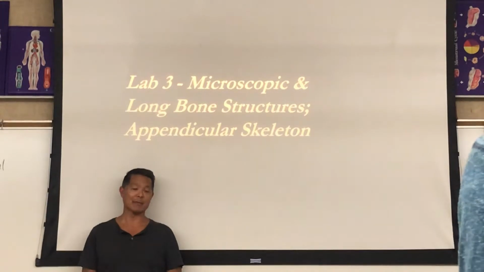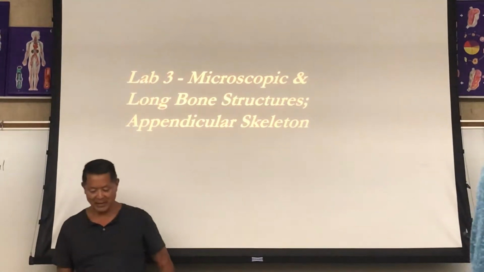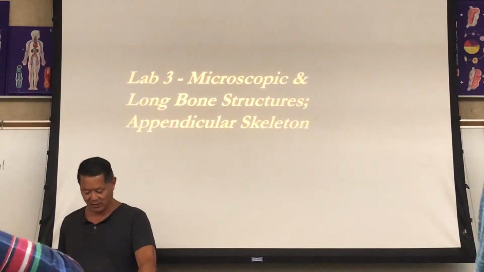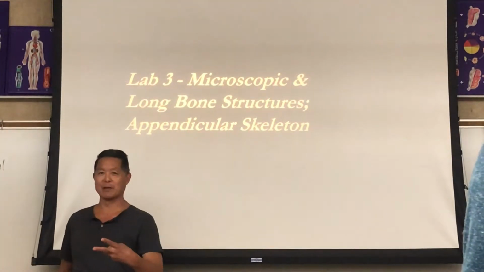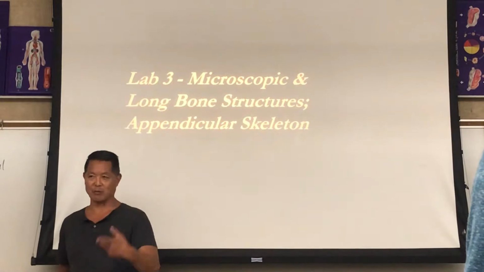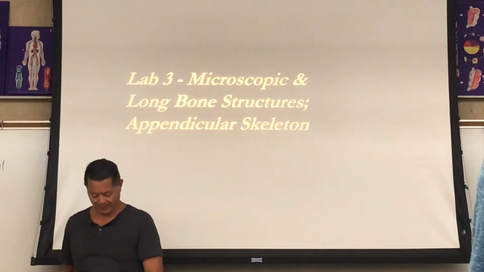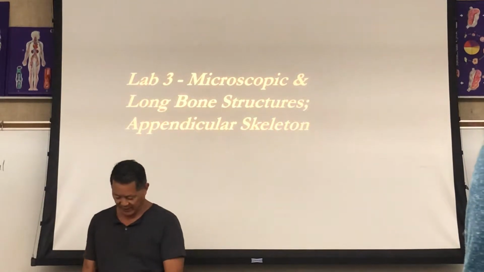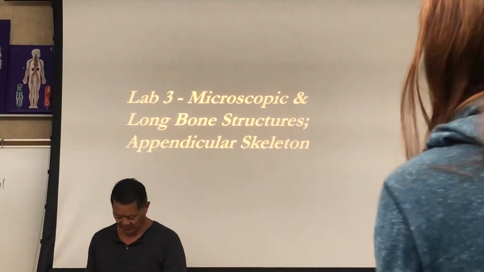Starting on page 7, you see we have microscopic bone structures and long bone structures. I'm going to actually flip them and do long bone structures first, and when I do that, you'll see why. Then we're going to jump over to page 15 and do skeletal terms.